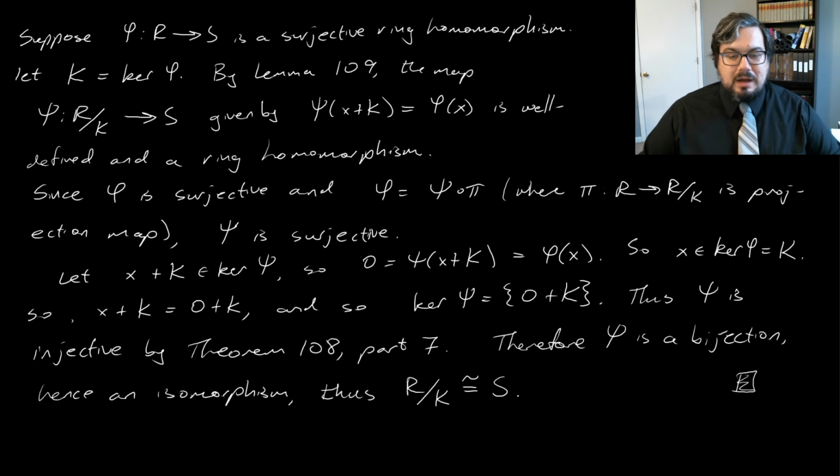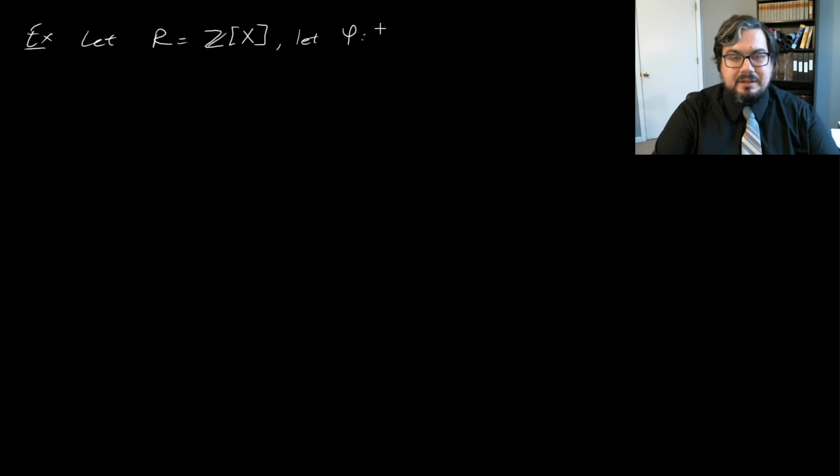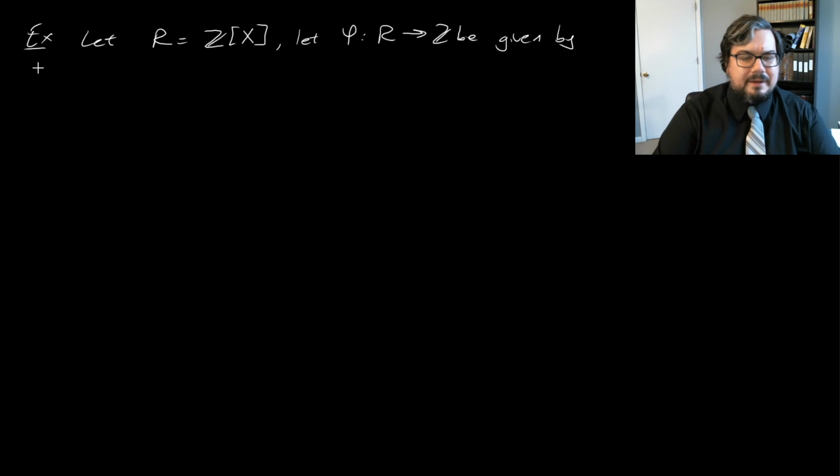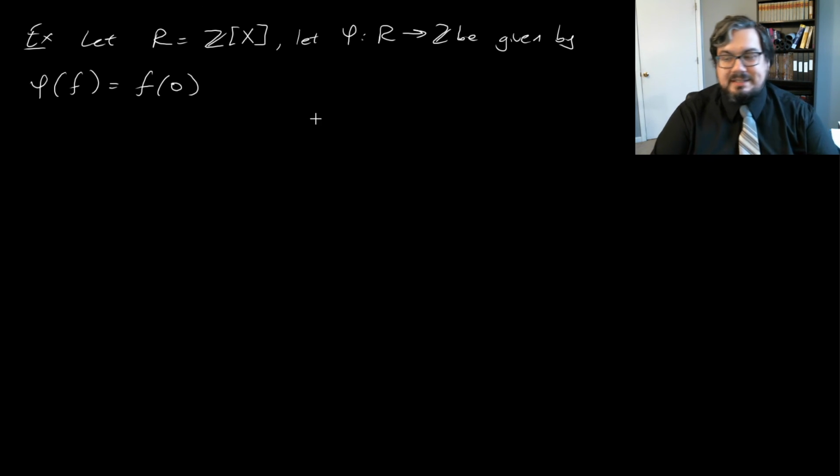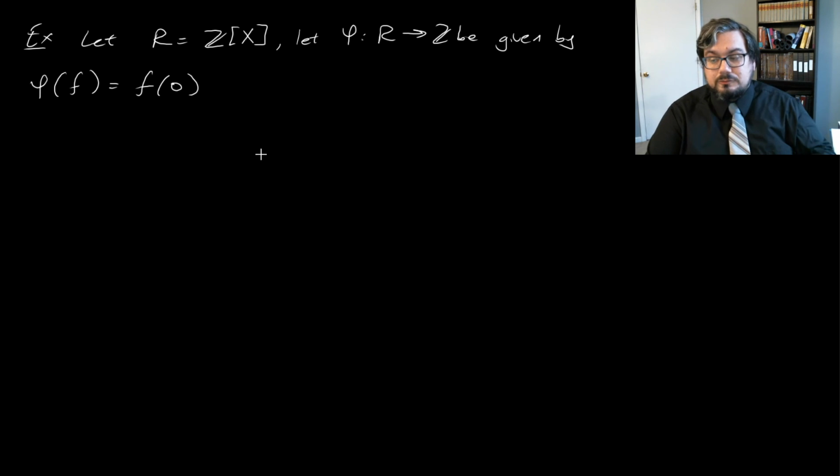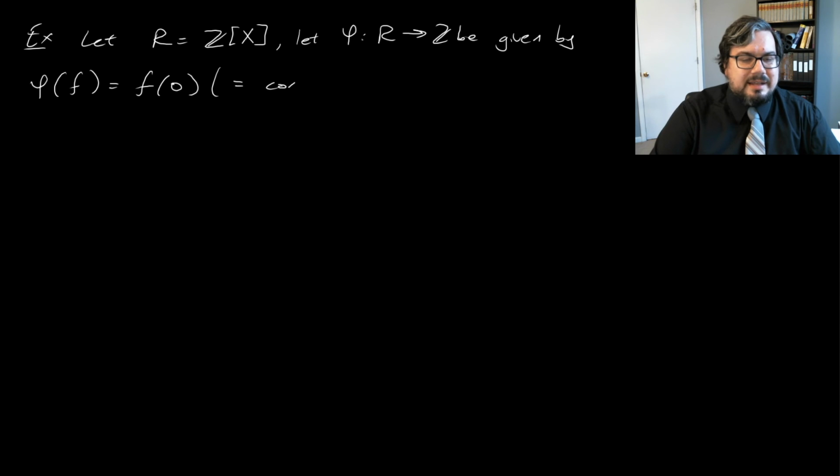All right, let's do a couple of examples. Let's let R be the set Z adjoin X. This is polynomials with coefficients that are integers and in the variable X. And let's let phi from R to Z be given by phi of a polynomial f equals f of 0, which means that it's the constant term of f.